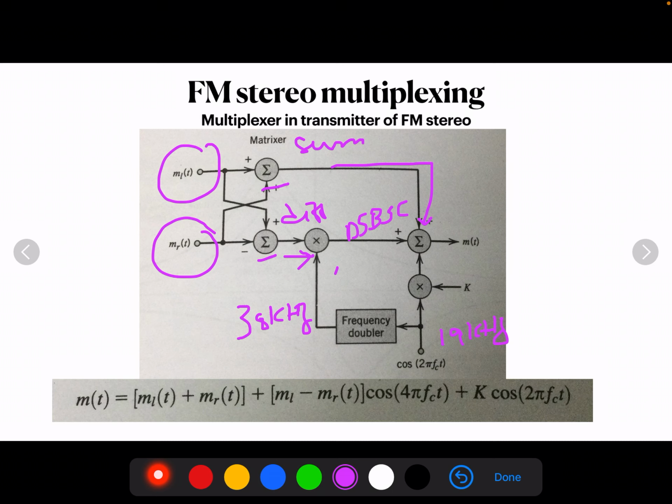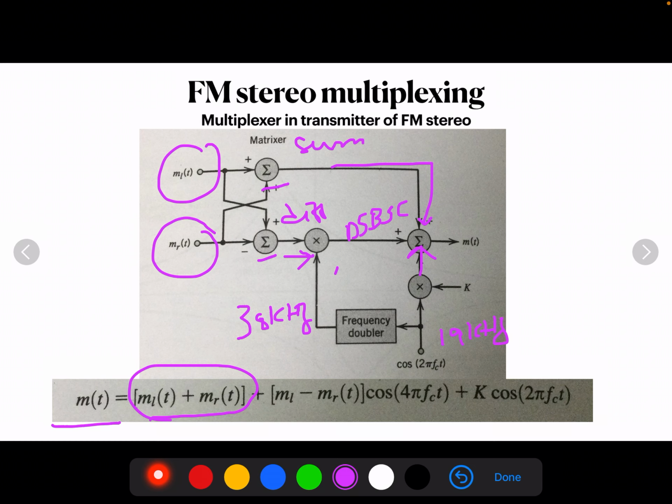And the multiplexed signal m(t) also consists of a 19 kilohertz signal and a DSB-SC signal to provide a reference for coherent detection of the difference signal at the receiver side. So now the multiplexed signal m(t) is given by M_L(t) plus M_R(t).